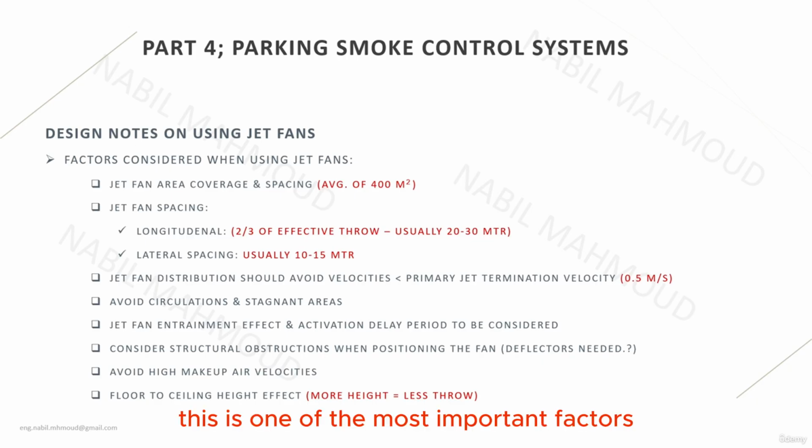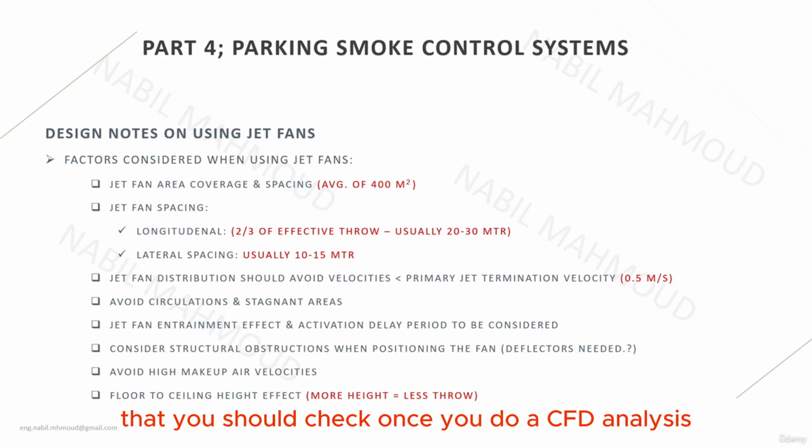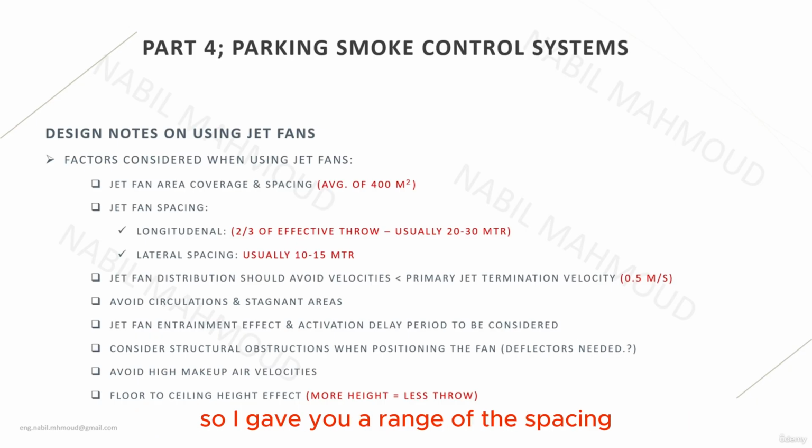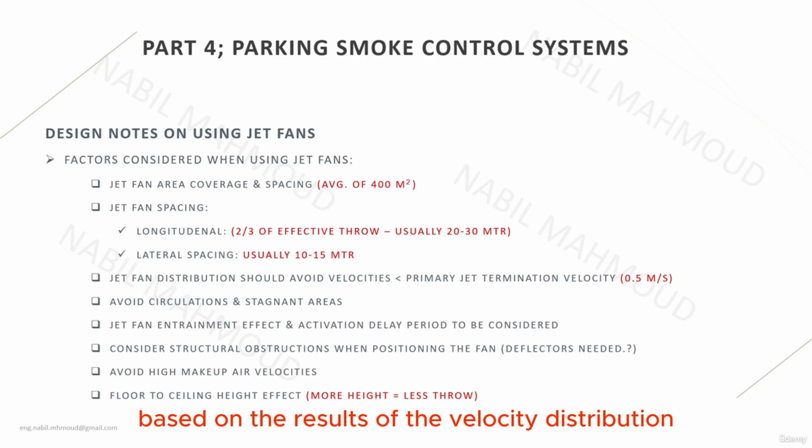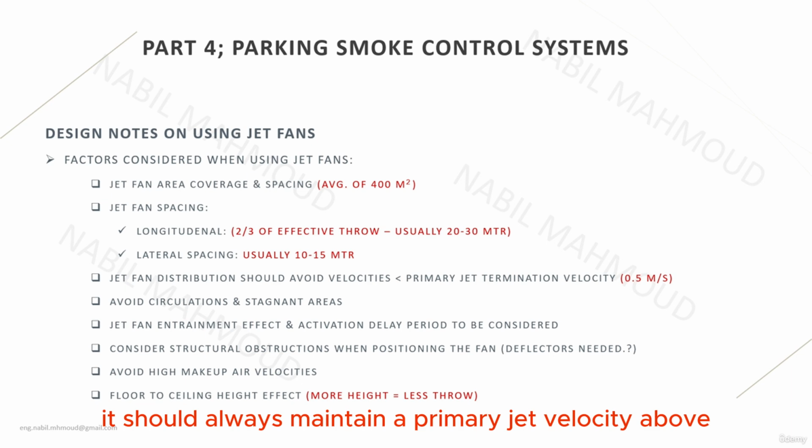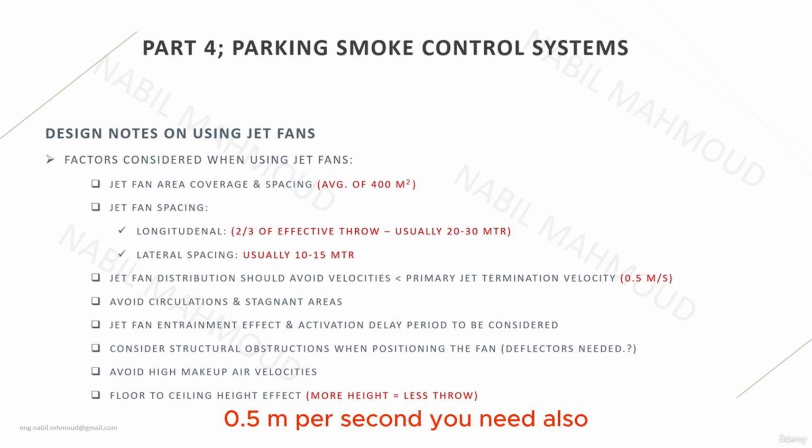This is one of the most important factors that you should check once you do a CFD analysis. I gave you a longitudinal range and a lateral range of spacing. You should verify whether this range is valid based on the results of the velocity distribution. It should always maintain a primary jet velocity above 0.5 meter per second.